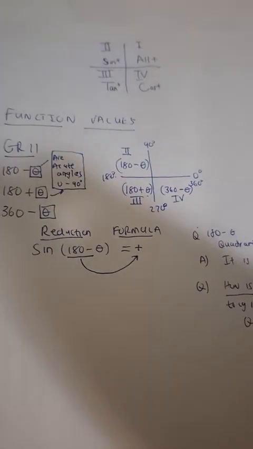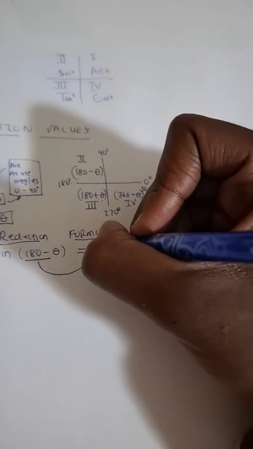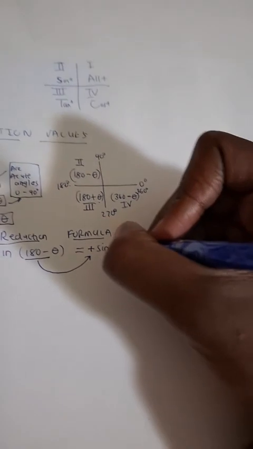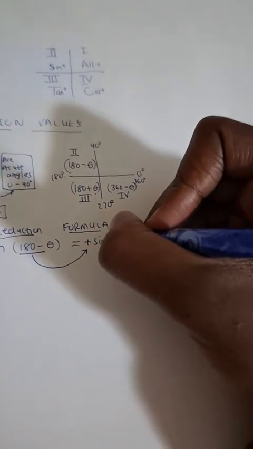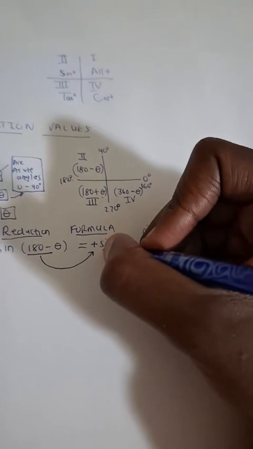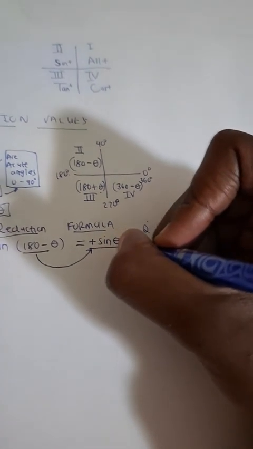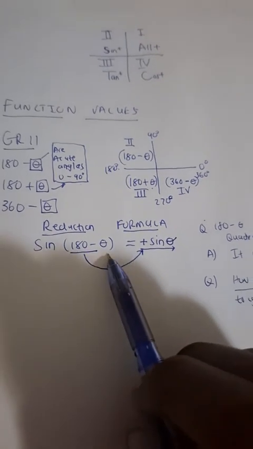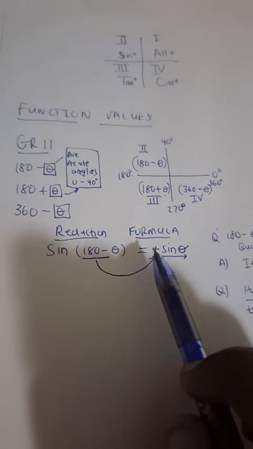So 180 minus falls away. We write down the trig ratio sign, and then we adopt the acute angle. So in other words, sine of 180 minus theta is simply equal to positive.